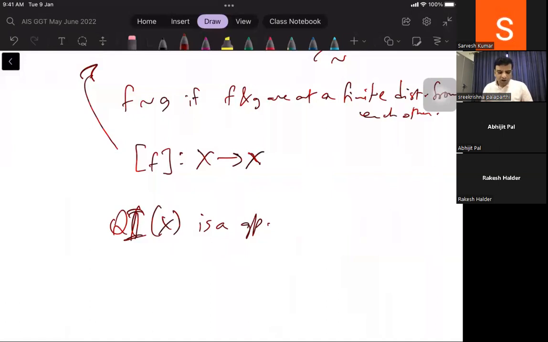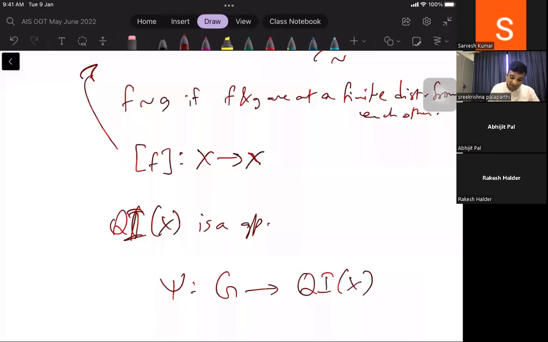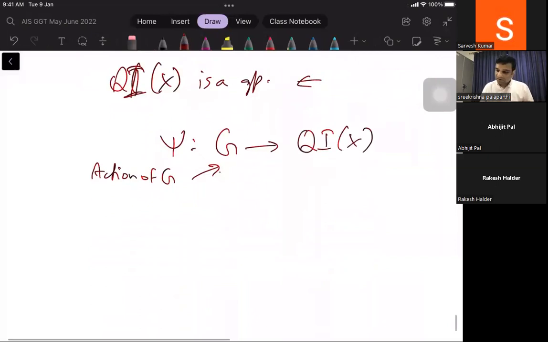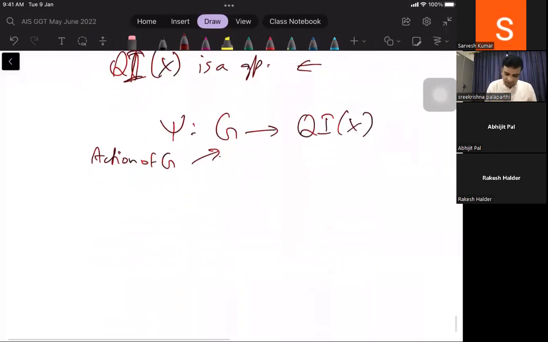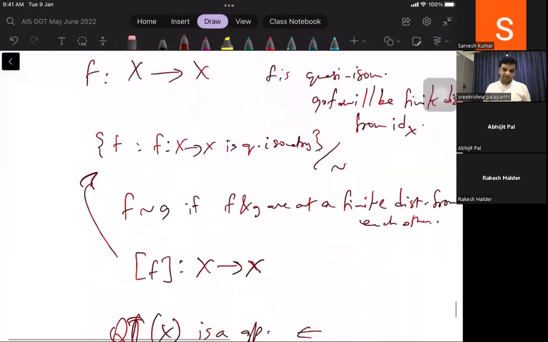Also, one can now consider actions on metric spaces by considering a group embedding into QI of X, etc. So the study of the quasi-isometry groups of a given metric space is, I guess, a fairly new or huge topic, so to say.